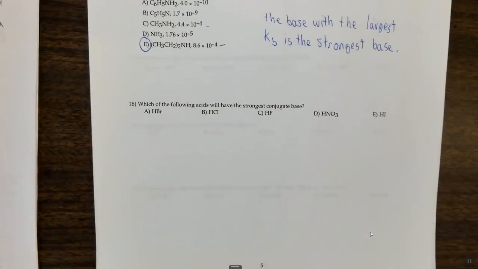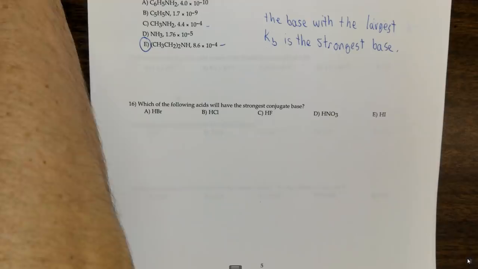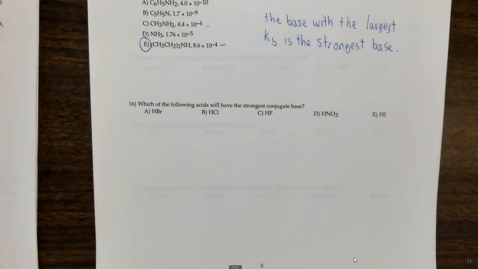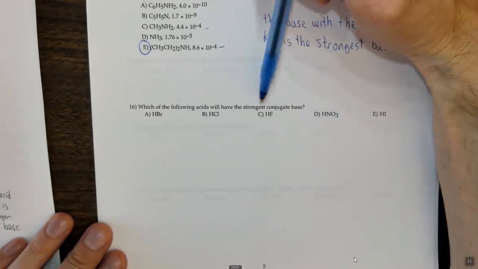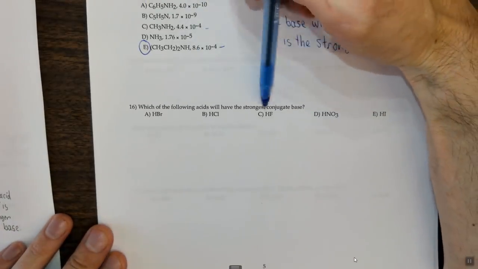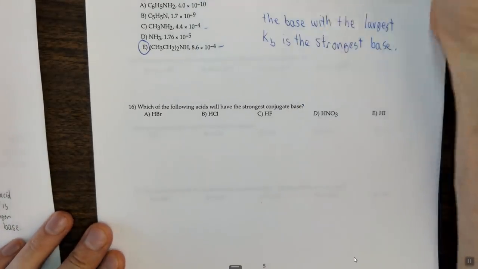Number 16 says, which of the following acids will have the strongest conjugate base? So the acid that is not a strong acid will have the strongest conjugate base.